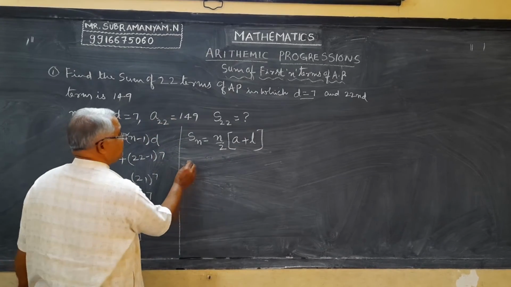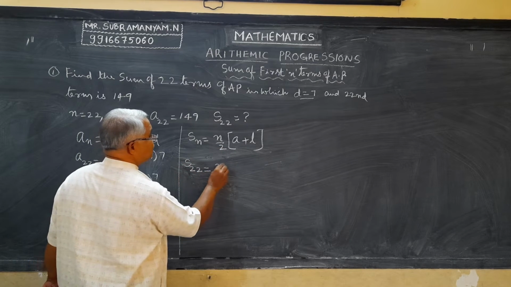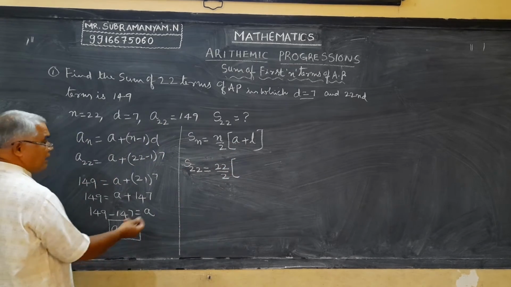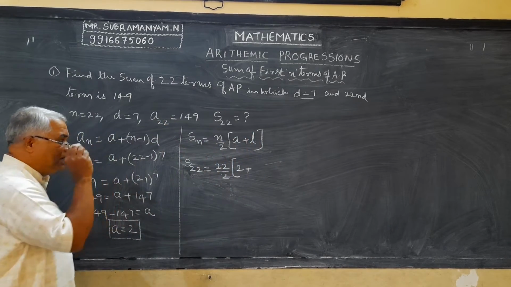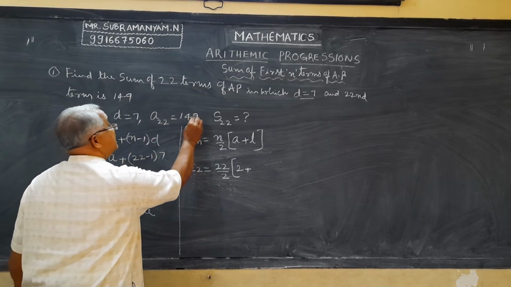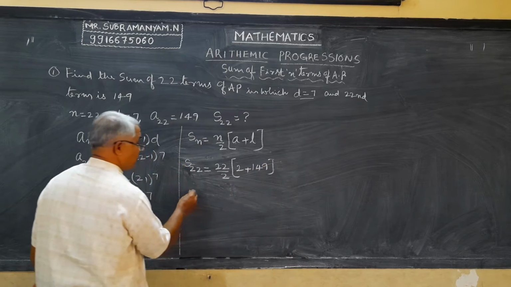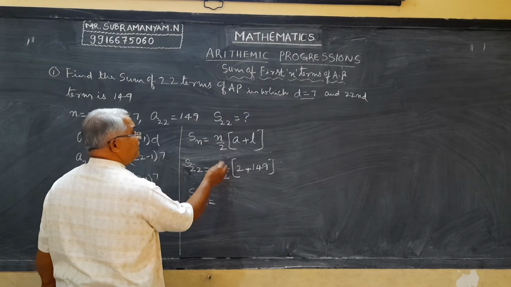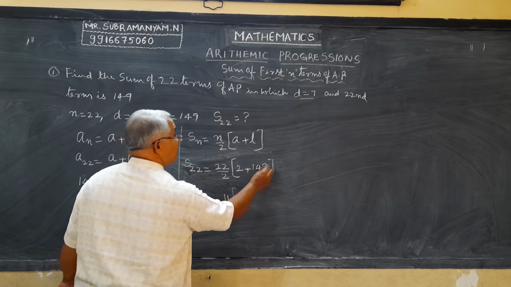So S22: n value is 22 by 2 into a value we have calculated, 2, plus l, which is nothing but the 22nd term, 149.